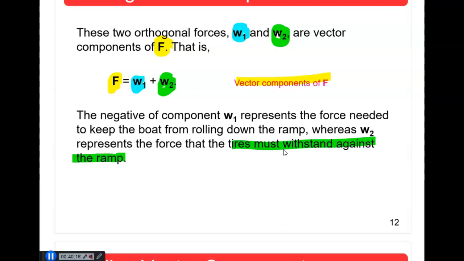And remember, that's what's pulling the vector towards the ramp, so it doesn't fly away. And then W sub 1 is the force needed so that the boat doesn't roll down. And so, yeah, I guess friction could be one of those.